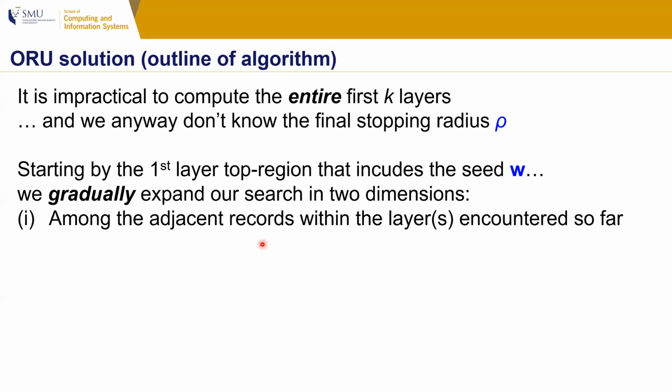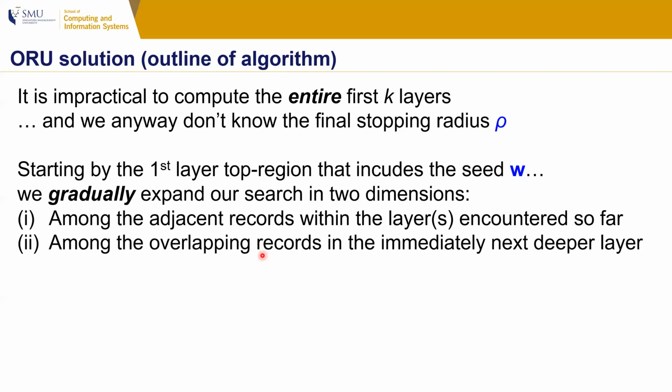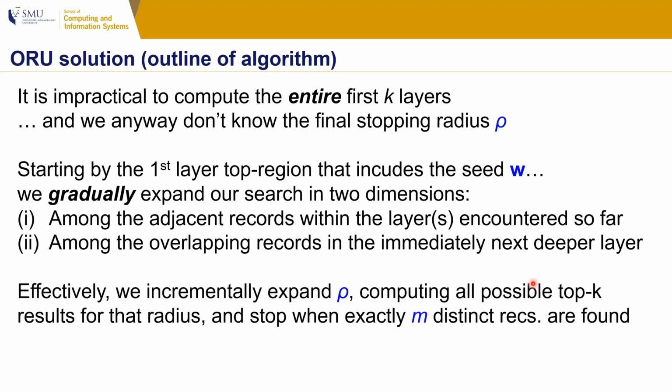The first dimension is that we expand within the layers that we have encountered so far, and the second dimension is to expand by looking into the immediately next deeper layers. Effectively, we're incrementally expanding rho, computing all the possible top k results along the way, and we stop when exactly n distinct records are found.